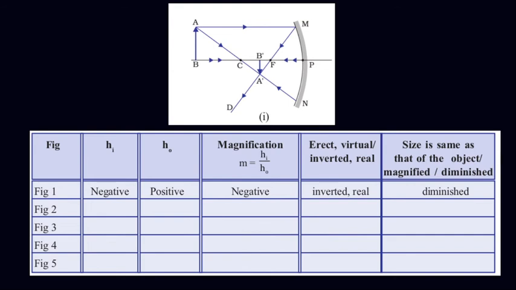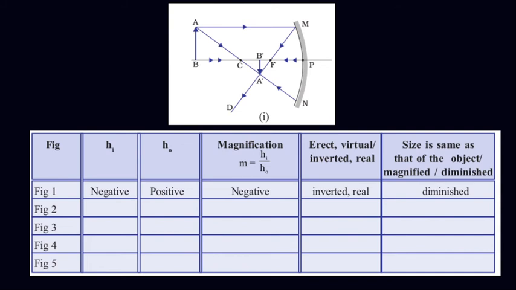Let us see the first figure that is given, figure 1, and you know that the object is placed beyond C. We have discussed here and also in that problem. Now AB is the object that is beyond C, and the image will be between C and F. So the height of the image means downwards, since that is downwards, that is negative, and the height of the object, that is upwards, that is positive. So if HI by HO, if one is negative, the magnification is also negative.